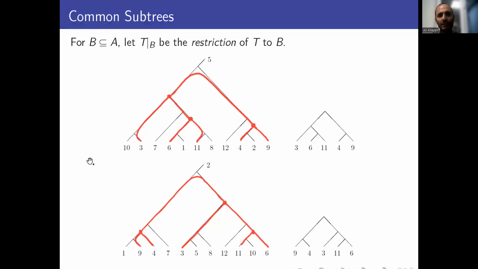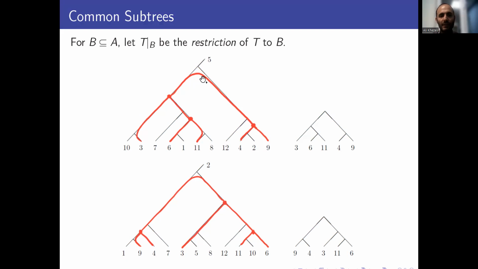On the left-hand side of this picture, I have drawn two different trees with 12 leaves. This picture is from Aldous's paper. And on the right, we see a subset of the leaves, which is 3, 6, 11, 4, 9. If we look at this subset on the big tree, we can join every two of these leaves.